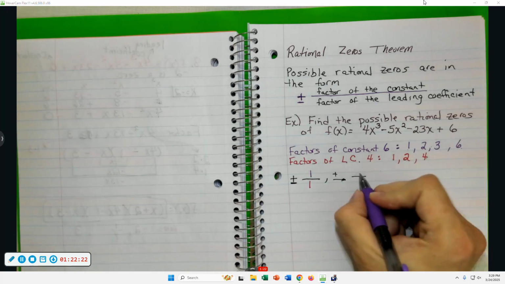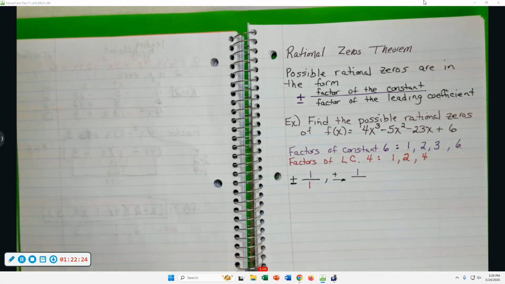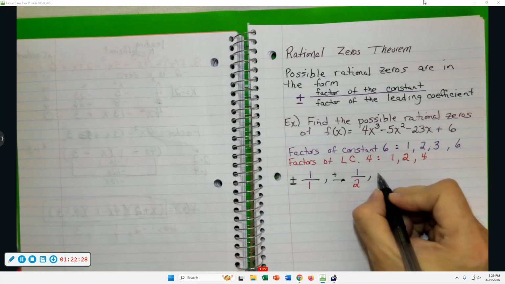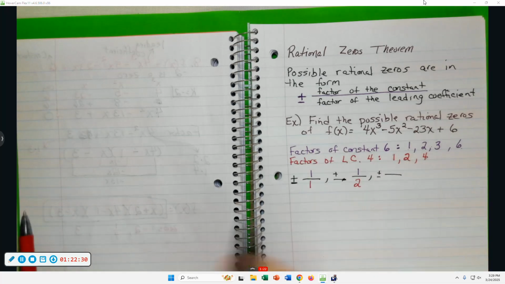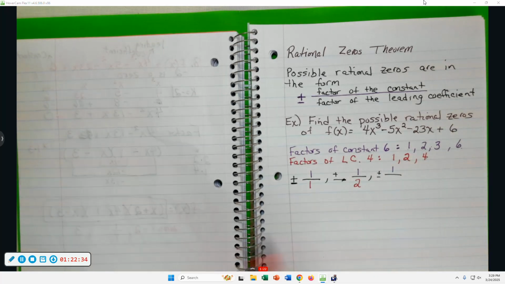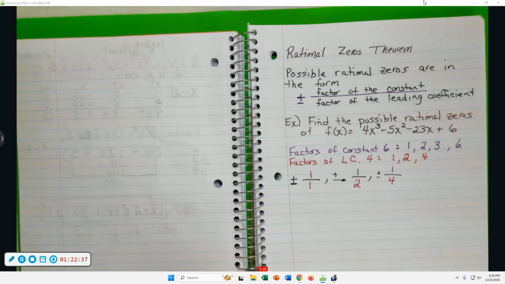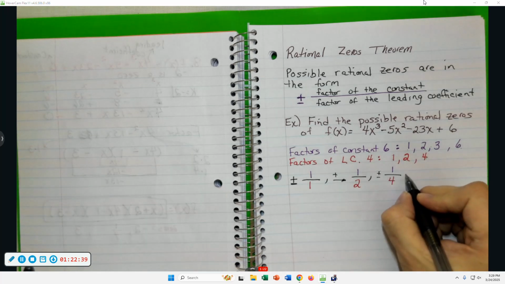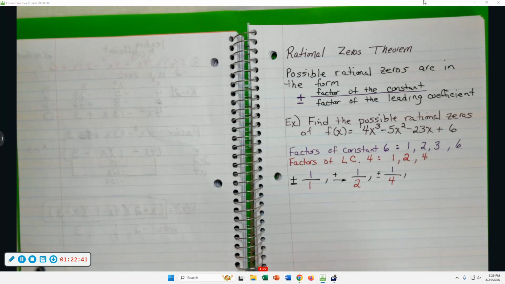Purple 1 over blue, over red 2. Comma, plus minus, purple 1 over red 4. I guess the 1 over 1, I'll rewrite that as 1 in a moment. Okay, I'll reduce the fractions in a moment.